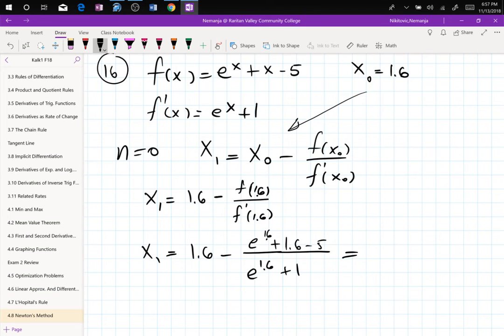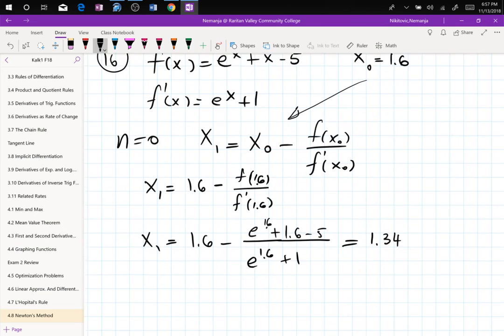So now we got 1.339. Well, 1.34 because it's only one decimal on the original.